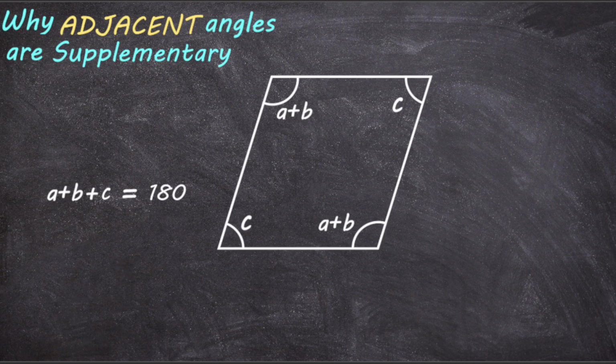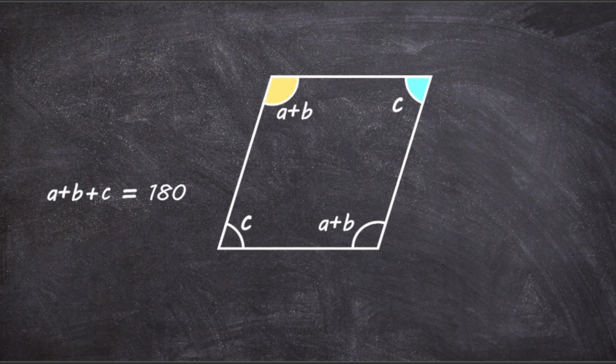We can do so by highlighting each of the adjacent angles. The top two adjacent angles have the sum of A plus B plus C, but we know A plus B plus C equals 180 degrees. Those two adjacent angles are supplementary. It's the same for the bottom two adjacent angles. Their sum is A plus B plus C, and A plus B plus C equals 180 degrees.